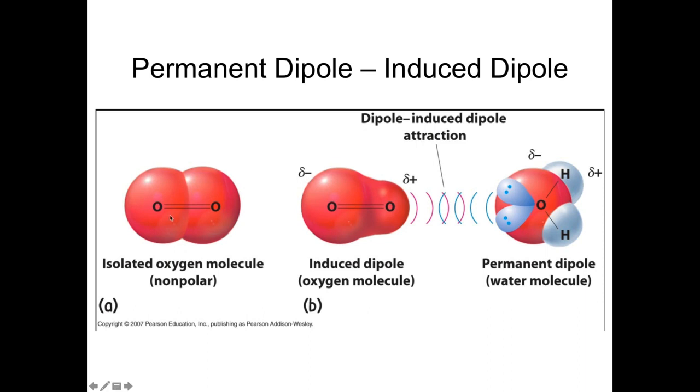So when oxygen is together, neither oxygen has an extra positive or negative polarity. It's very neutral. But when it comes in contact with water, because water has a permanent polarity where the oxygen is negative and the hydrogen is positive, you're actually going to induce oxygen to have a polarity now. And you notice one side of that oxygen that's closest to the water will become slightly more positive, and therefore this will get induced to have this intermolecular force right here of this dipole-induced dipole.